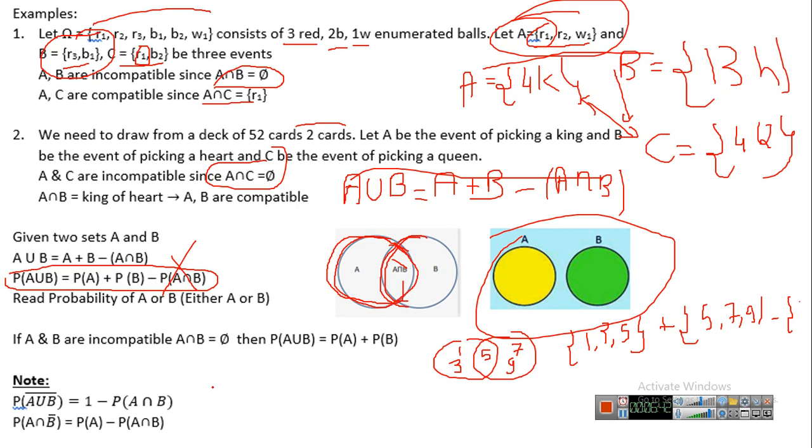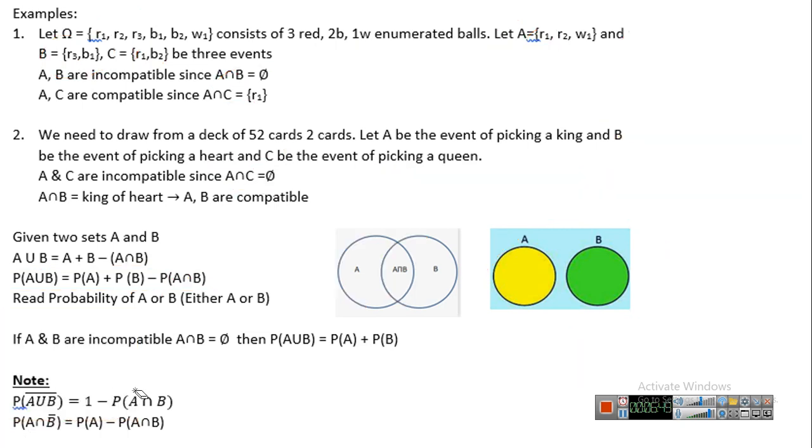I want to stress something called the complement. We said P of A bar is 1 minus P of A. For P of A union B, suppose you have A union B and you put a bar on it, you can write it in two forms.